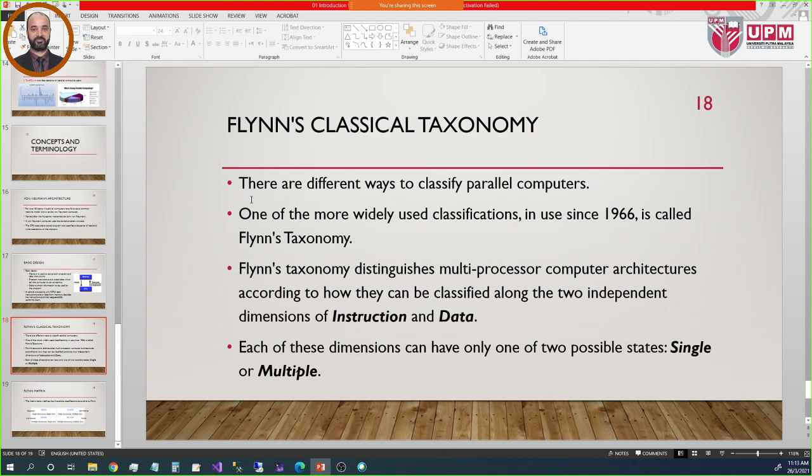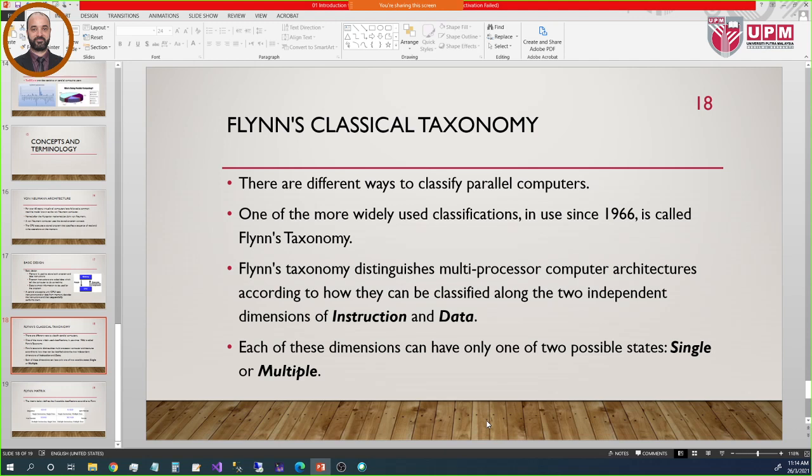Under this taxonomy, there are different ways to classify parallel computers. Just keep this in mind. One of the more widely used classifications, in use since 1966 until now, is called Flynn's taxonomy.